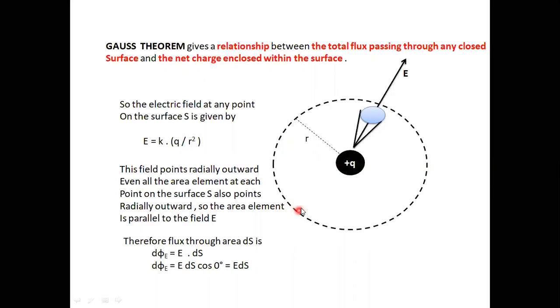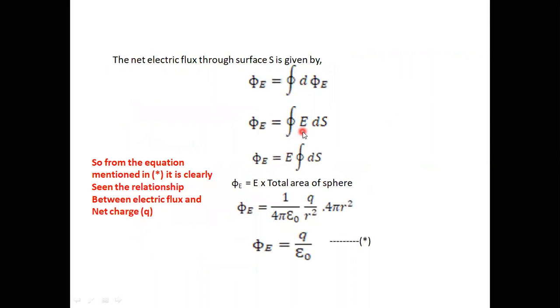At this particular point, it will again be kq by r square. At this point as well, it will again be kq by r square. So over this Gaussian surface, my electric field value is constant. That is why we have taken it out of my integration part.